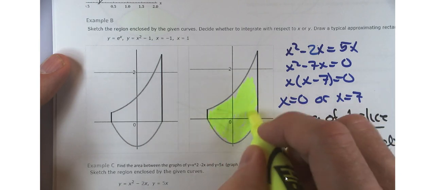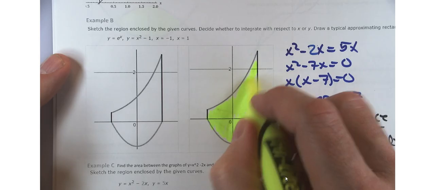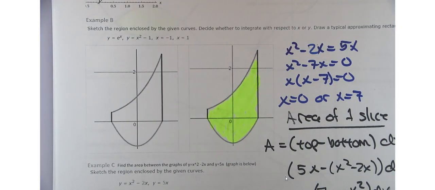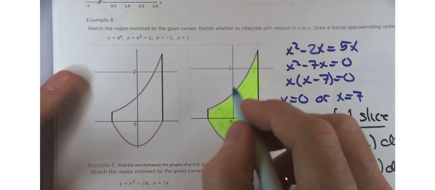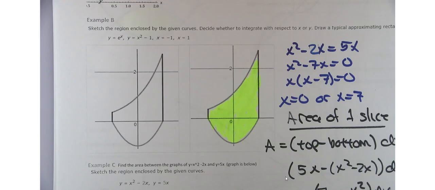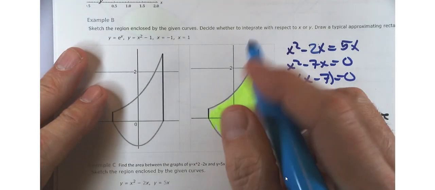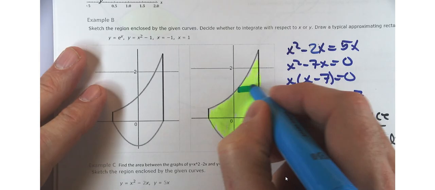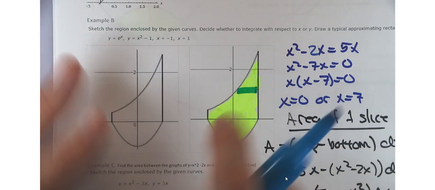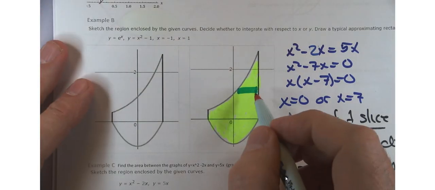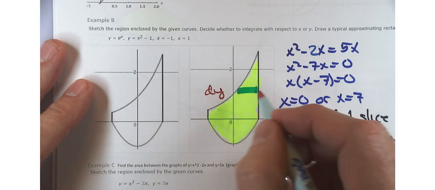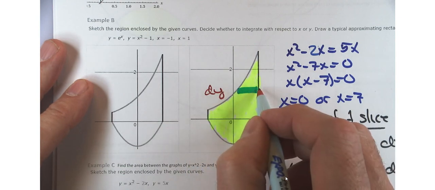Except we're going to run into a problem trying to take a horizontal slice through this region. Now you can still find the area, but instead of subtracting two functions vertically, we're going to subtract two functions horizontally. And it's going to be the rightmost endpoint minus the leftmost endpoint.